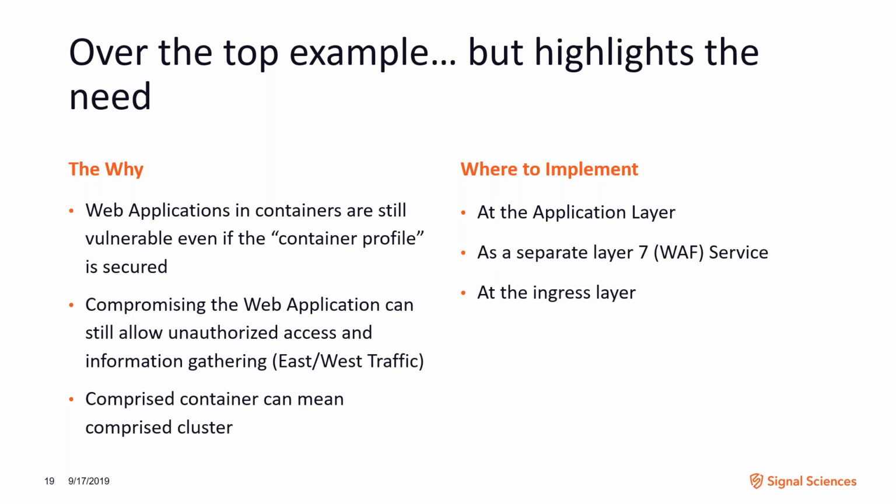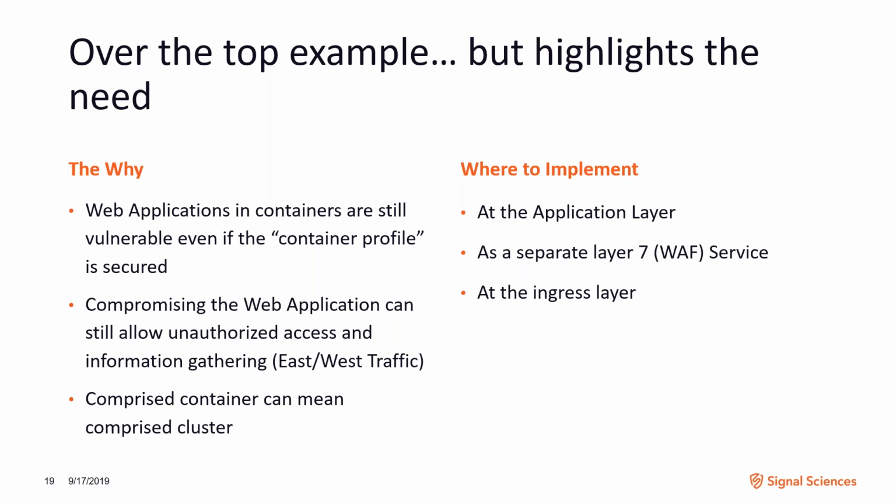You might have Kubernetes set up correctly, you might have your container set up correctly, but you still have a gap in your defense if the actual application that's running and listening and serving up requests is exposed and vulnerable.